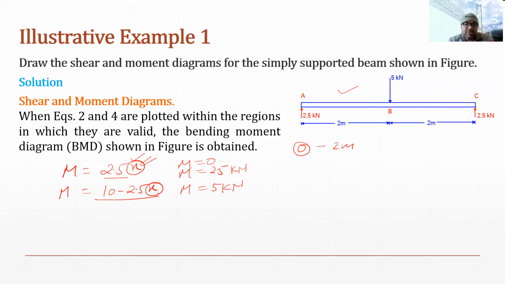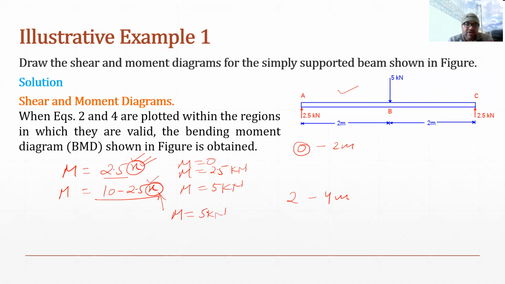the value of x will vary from 2 to 4 meters. So if I put the value 2 here, then m equals 5 kilonewton.